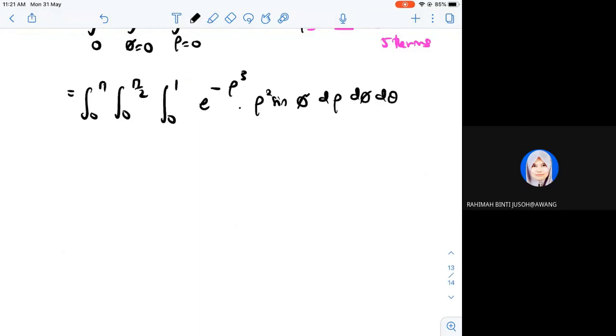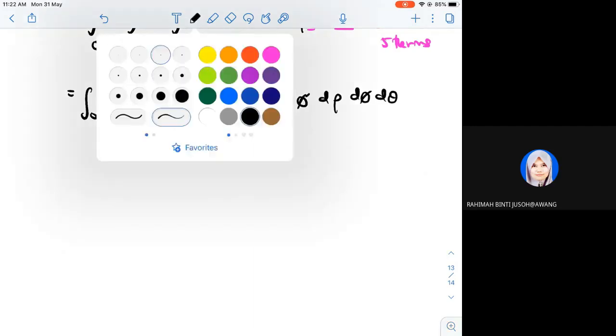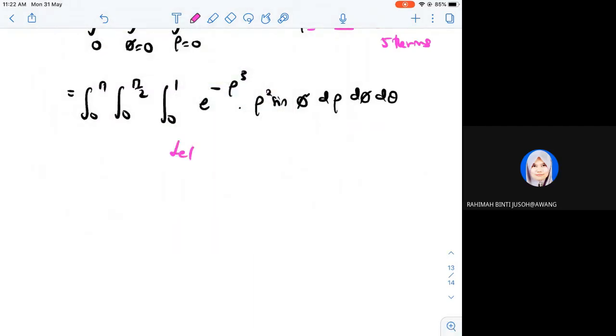We can cancel the power of exponential by substitution. We let u equals to rho cube. So differentiate u, we get 3 rho squared d rho. So therefore, d rho equals to du over 3 rho squared.